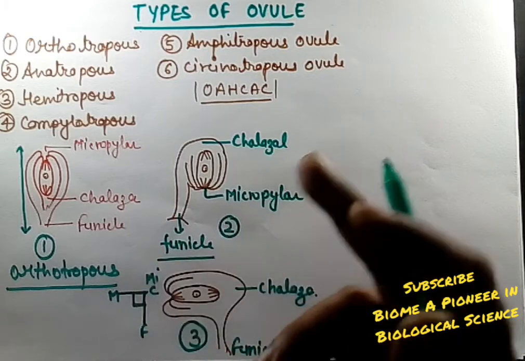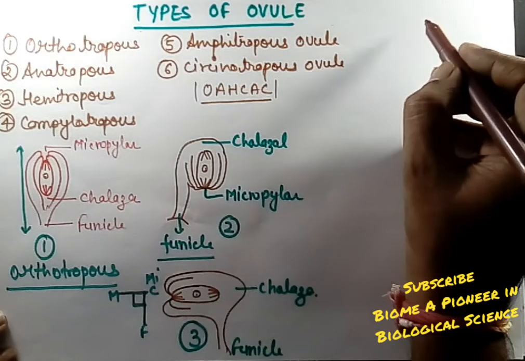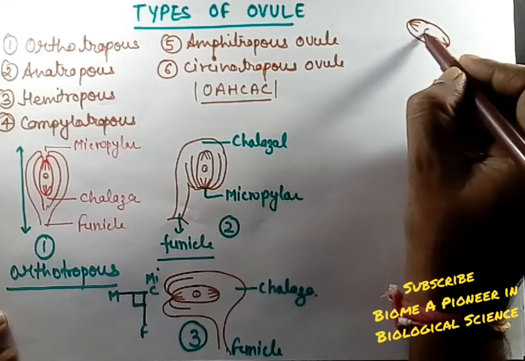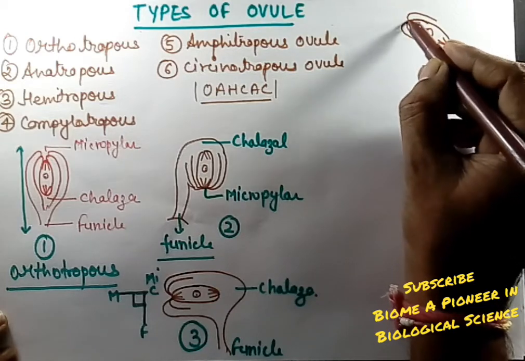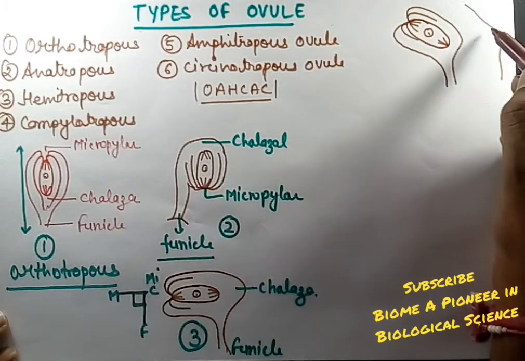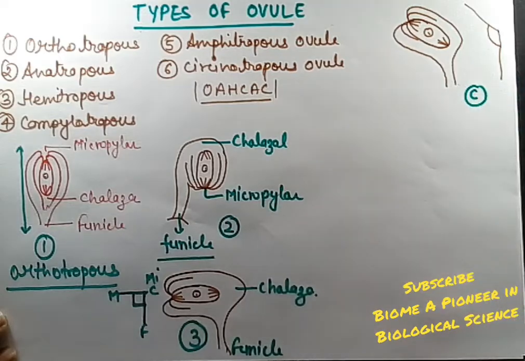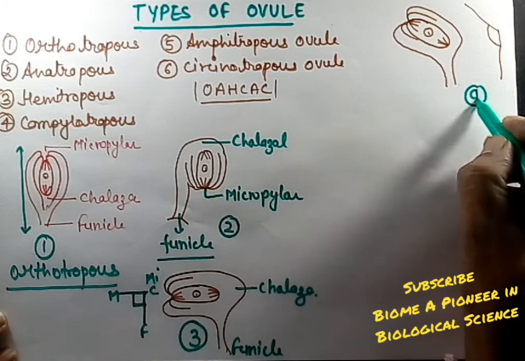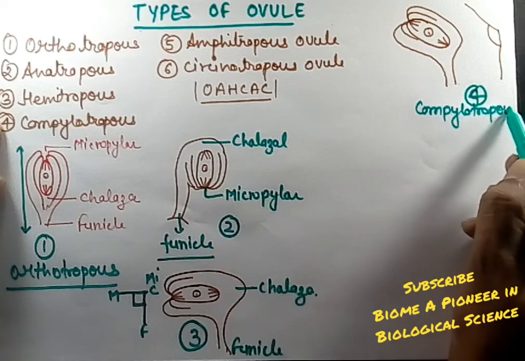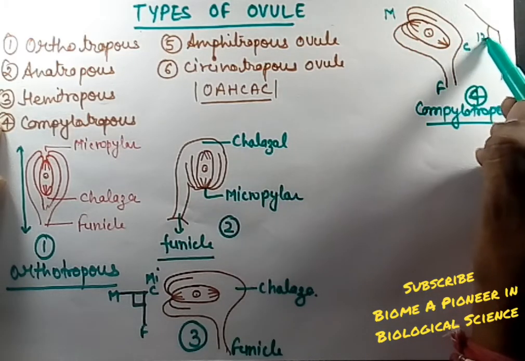So what is the difference in the other three: campylotropous, amphitropous and circinotropous? Now see the structure. This one, 3 cells, 2 nucleated. Which angle is forming here? This one is called campylotropous, fourth number. Campylotropous means micropyle, chalaza and funicle are at about a 120 degree angle.